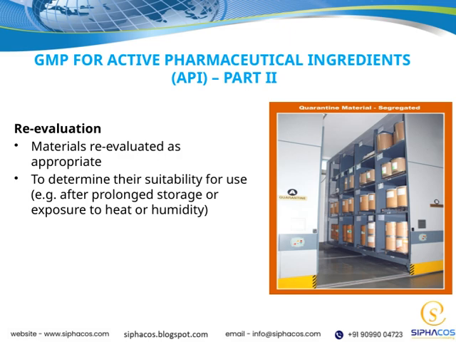This process is a key part of good manufacturing practices for active pharmaceutical ingredients, or APIs. As we move through GMP, remember that maintaining the quality of raw materials is essential to producing safe and effective medicines. So, reevaluation acts as a safeguard, making sure that every component used is still fit for purpose, even after storage or exposure to less than ideal conditions.